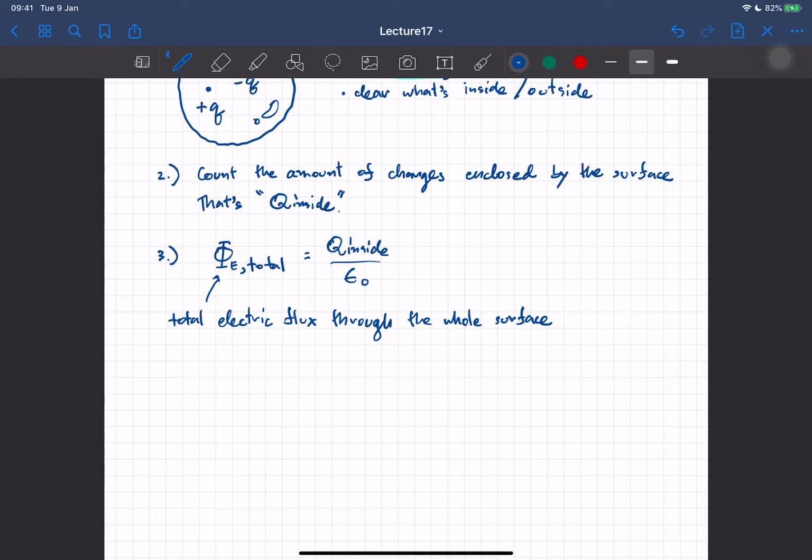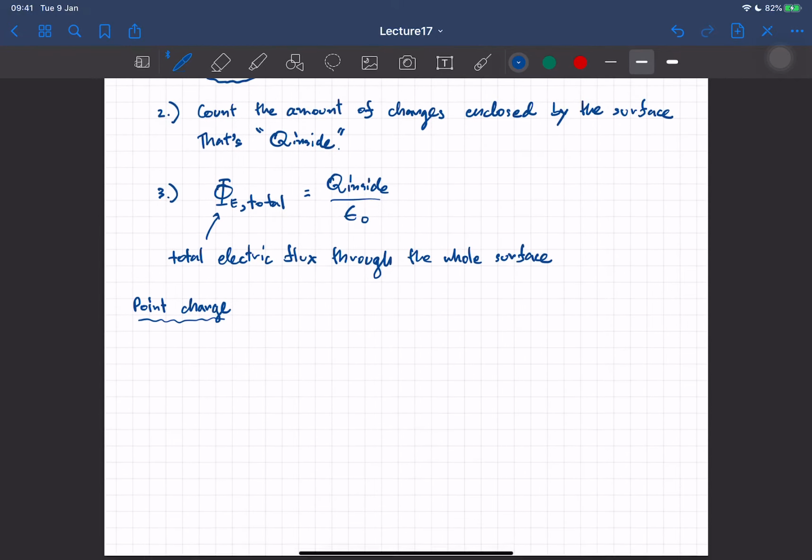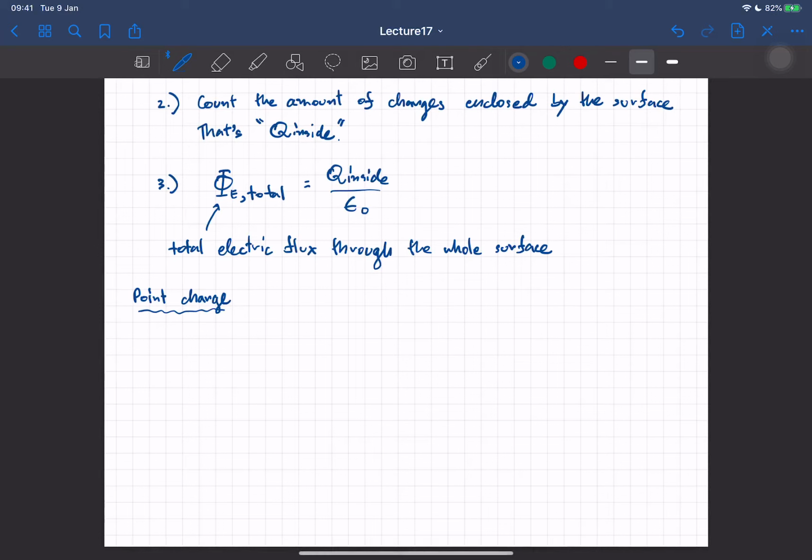All right, so we're going to look at a point charge. We're going to calculate the electric field at some position from a point charge, and you're going to see that using Gauss's law agrees with what we know already from Coulomb's law.